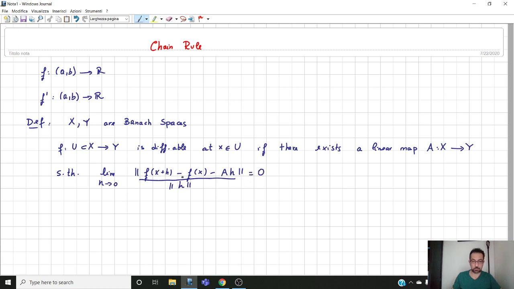For this limit to go to 0, the numerator needs to go to 0 faster than the denominator as h approaches 0.